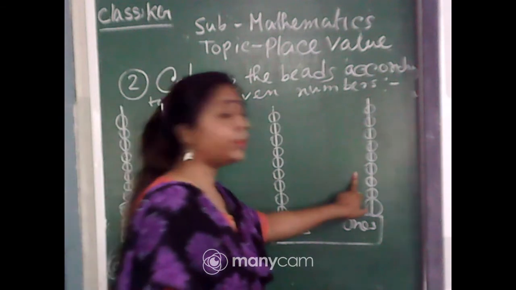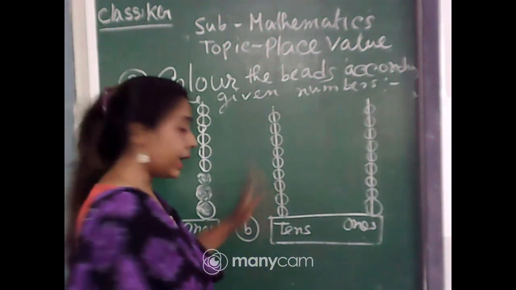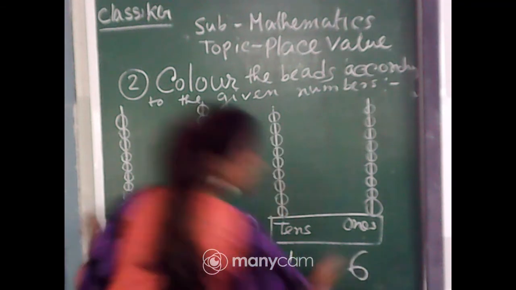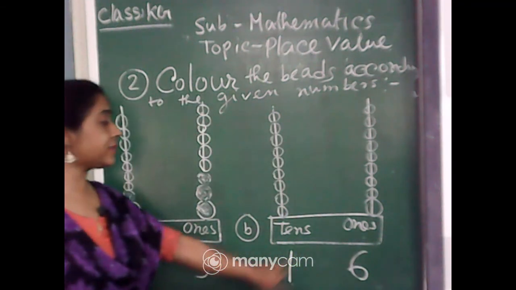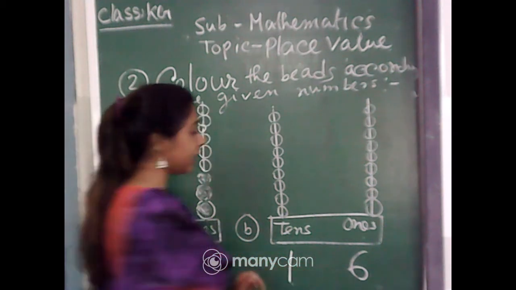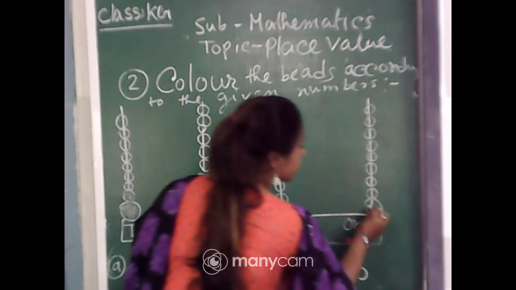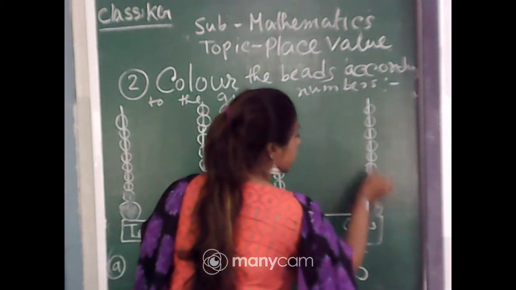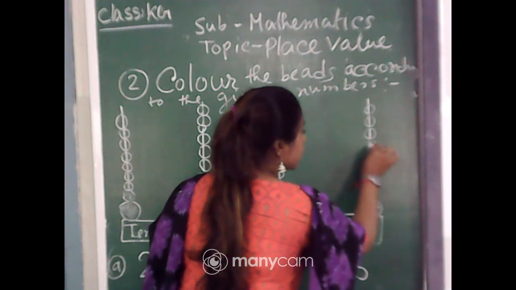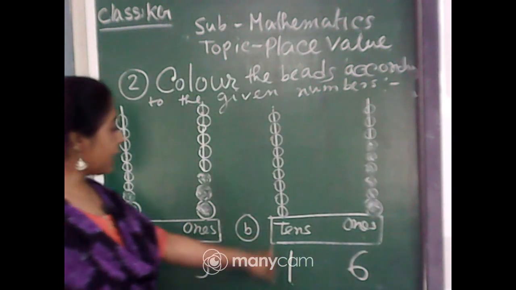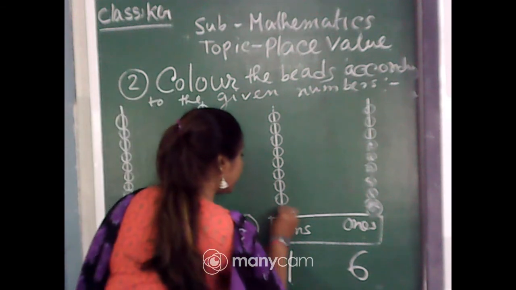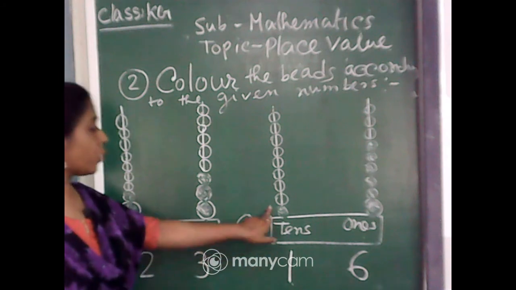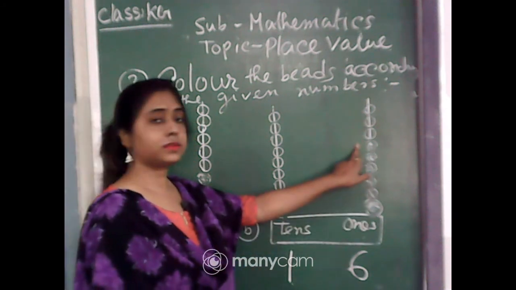And our question is suppose 16, 1 ten, 6 ones. You should color 6 beads in the ones column, 1, 2, 3, 4, 5, 6, and in the tens column only 1 bead. So that means 1 ten, 6 ones.